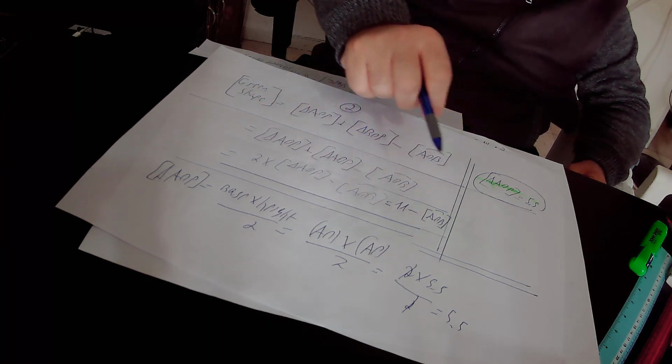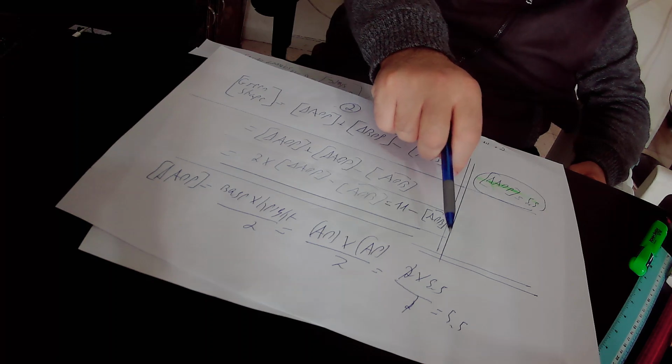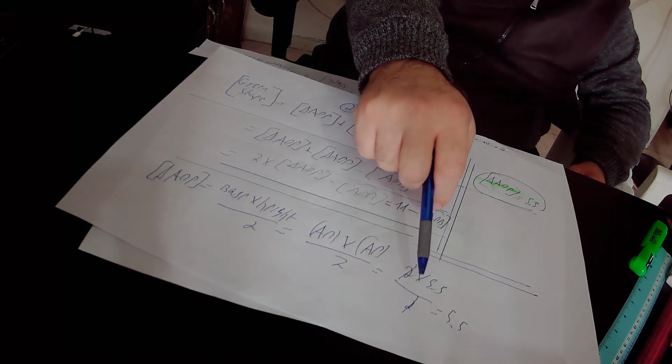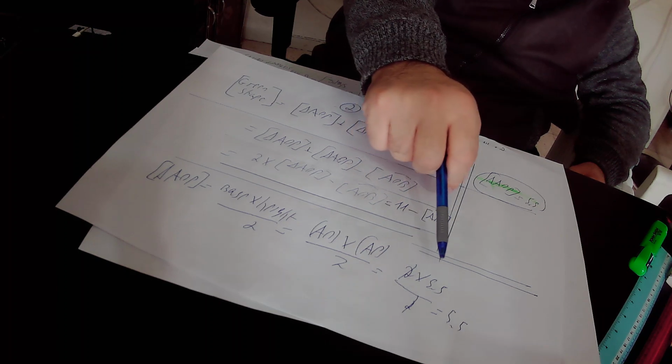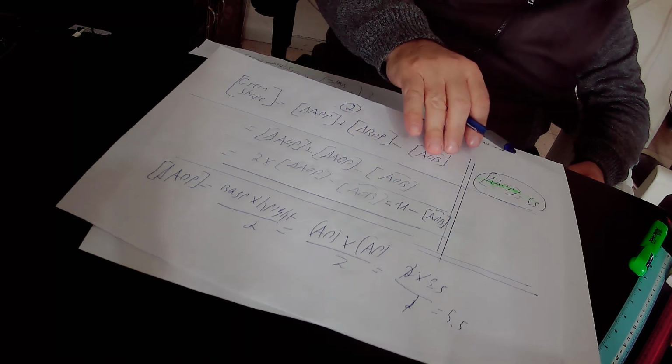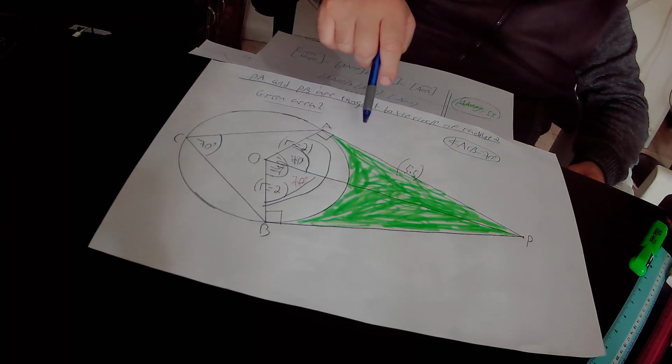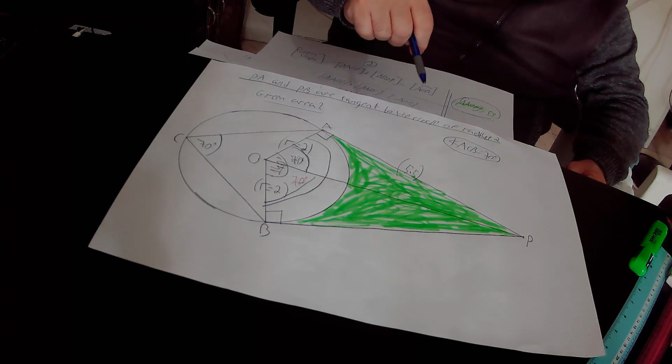AO equals 2, AP equals 5.5, divided by 2. We have 2 in the numerator and 2 in the denominator, so the 2 gets cancelled and we are left only with 5.5. In conclusion, the area of this upper right triangle APO equals 5.5 square units.